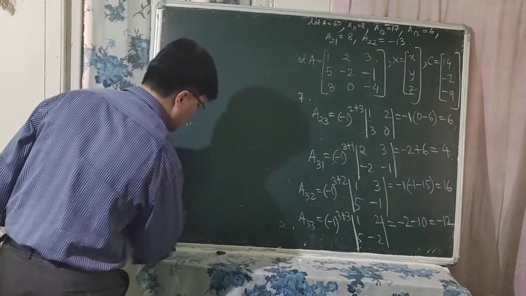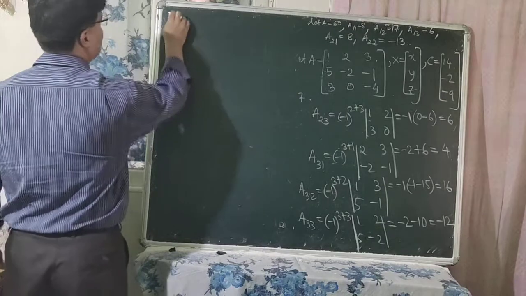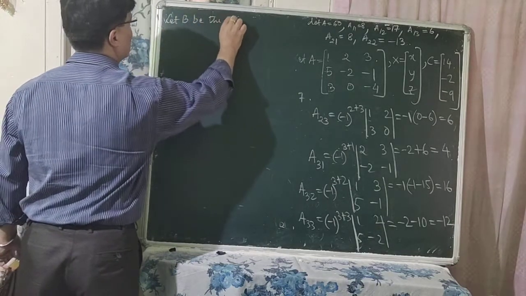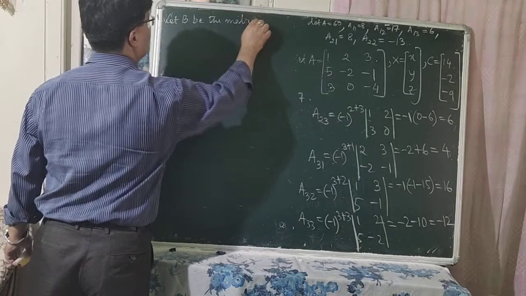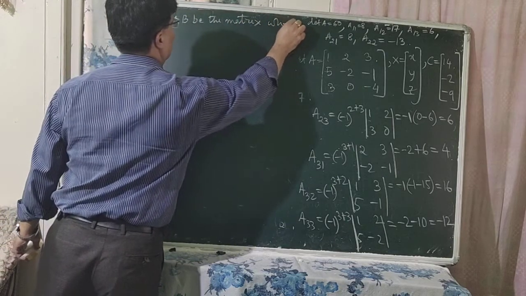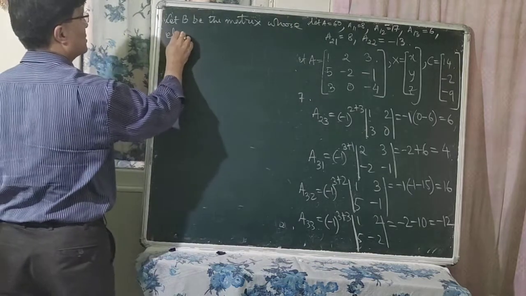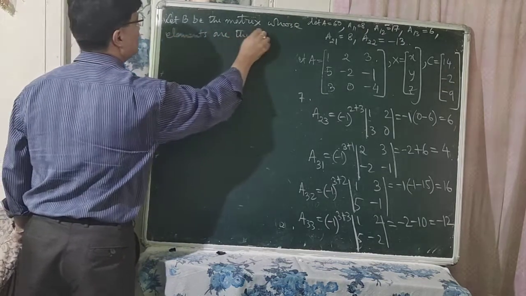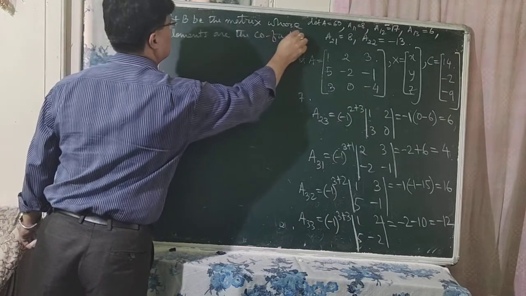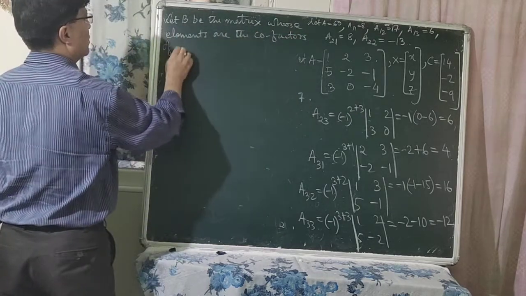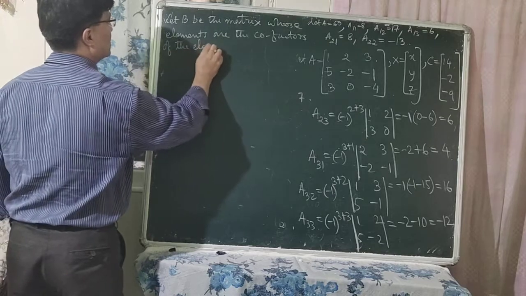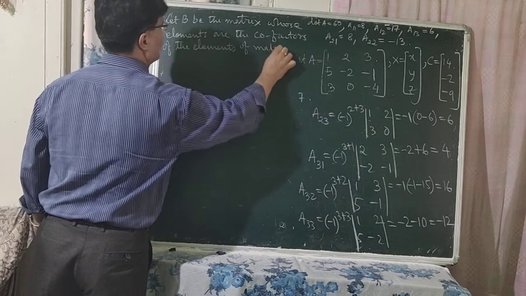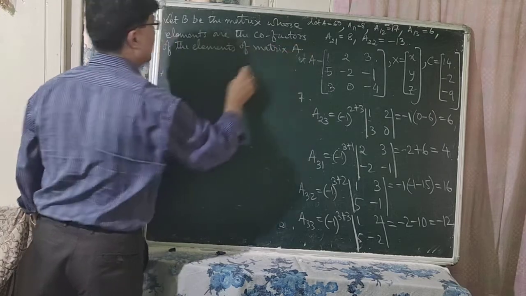So next we will write down: let capital B be the matrix whose elements are the cofactors of the elements of matrix A. Right?